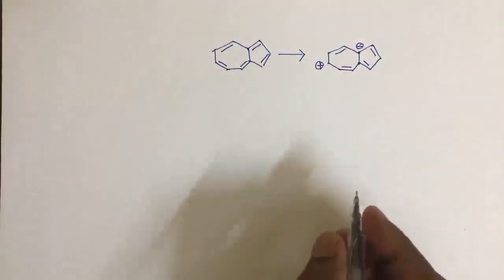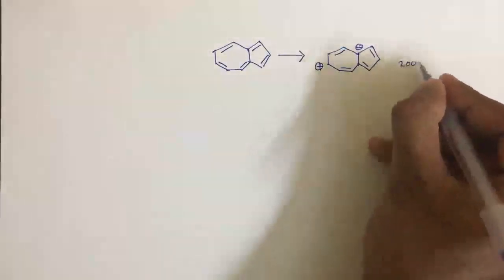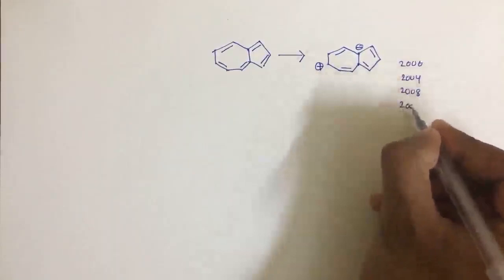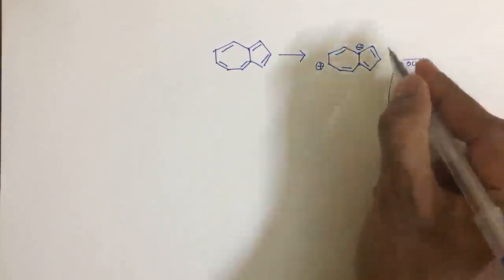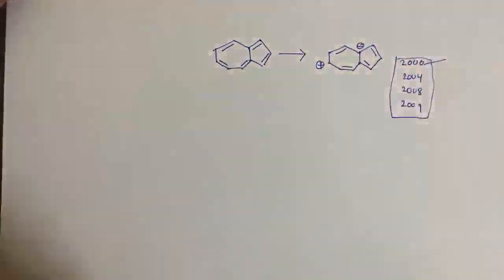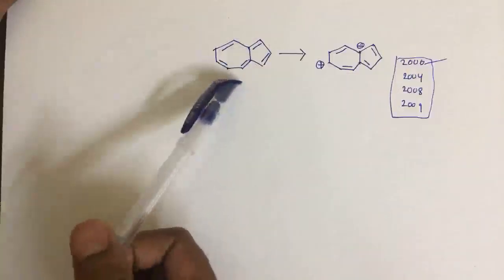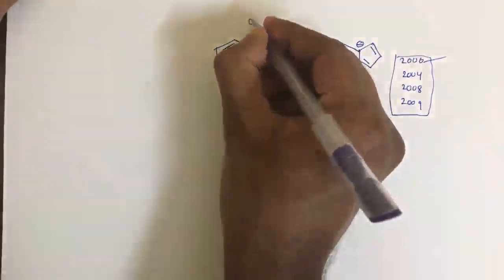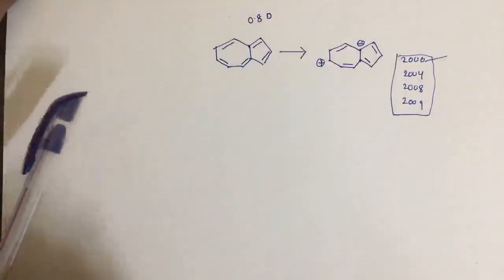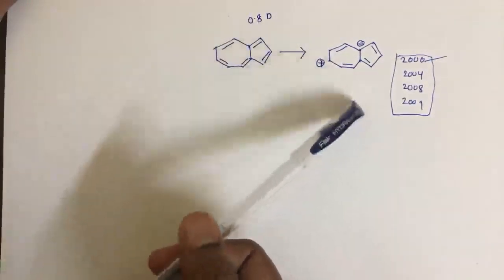That's why in the GATE exam in 2000, 2004, 2008, 2009, four times a question was asked on azulene. In the first question, in 2000, what they asked: the following hydrocarbon has a dipole moment of 0.8 D because of, so the options they have given, it exists in ionic form in which both the rings exhibit aromaticity.